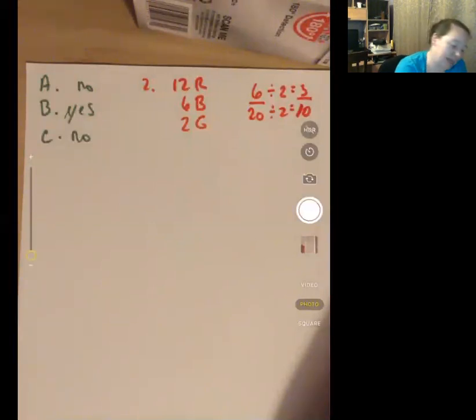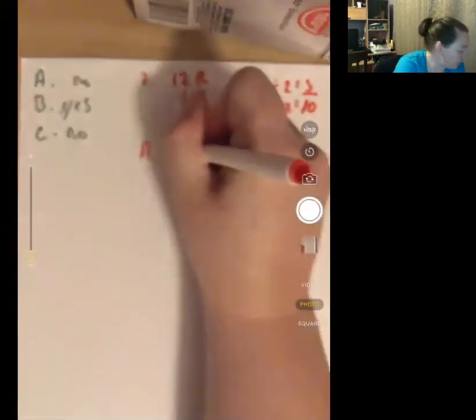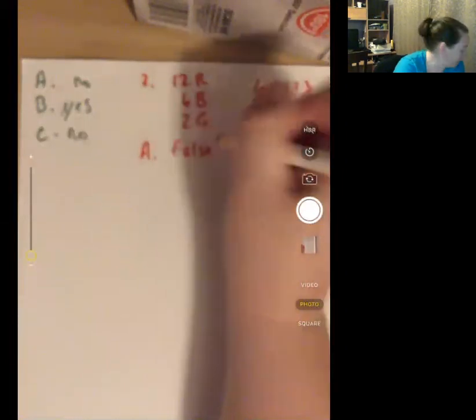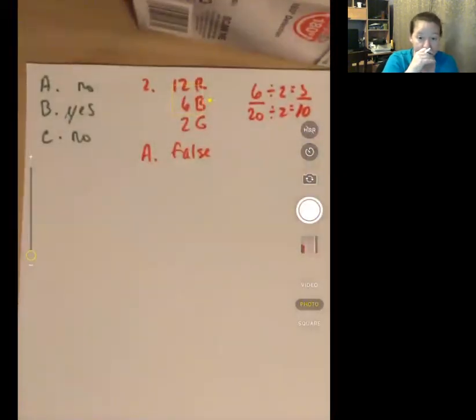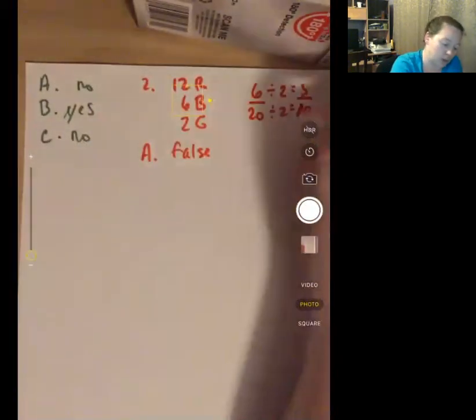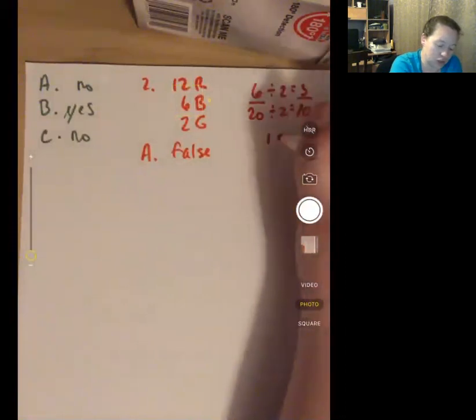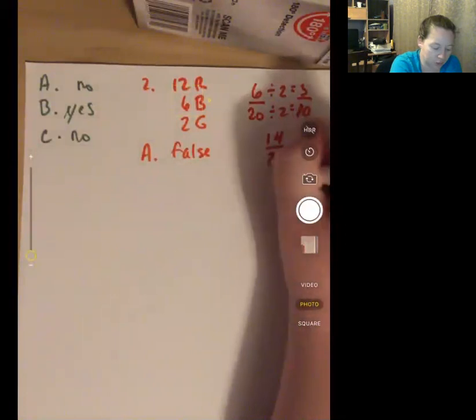So A is false. B, the probability of randomly selecting a red marble or a green marble from the bag is 70%. So I have to do red plus green. Red is 12. Green is 2. 12 plus 2 is 14 out of 20.